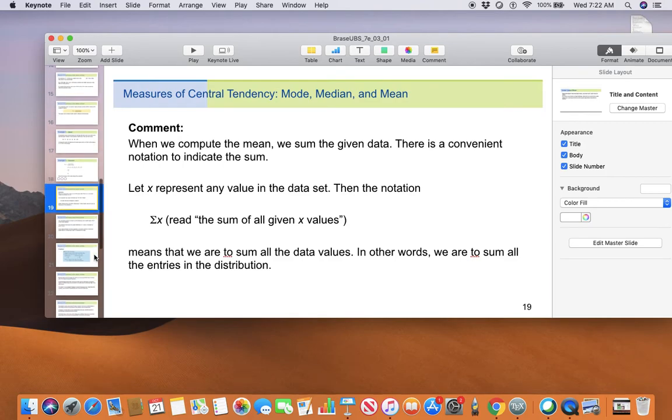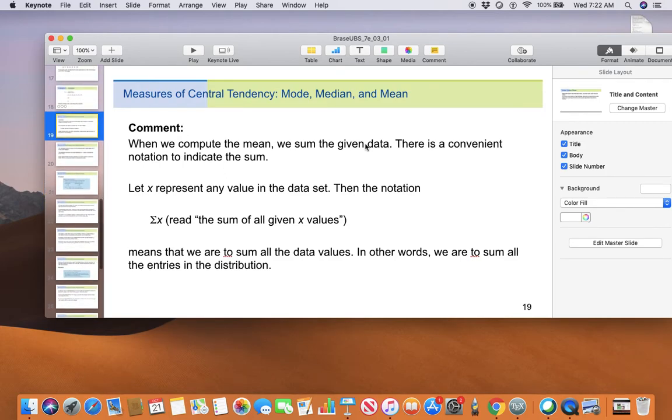Comment. When we compute the mean, we sum the given data. There is a convenient notation to indicate sum. So here is the notation. X represents any value in the data, and this symbol is called sigma. Sigma is a Greek letter which represents capital S for us, the same sound as S. Sigma x means add all the x's.